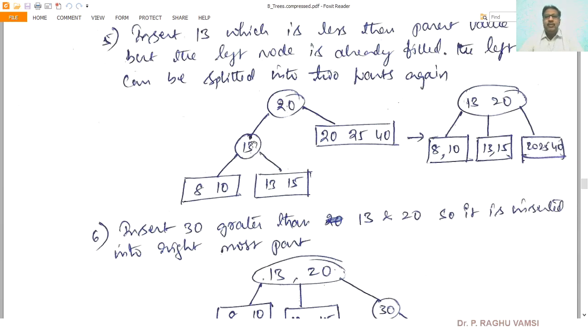Whenever we merge, 13 and 20 are merged at the root level. The elements less than 13 are on the left side of 13, the elements between 13 and 20 are in the middle, and the elements greater than 20 are on the right side of 20.